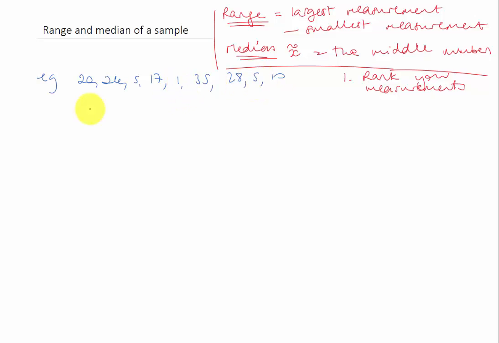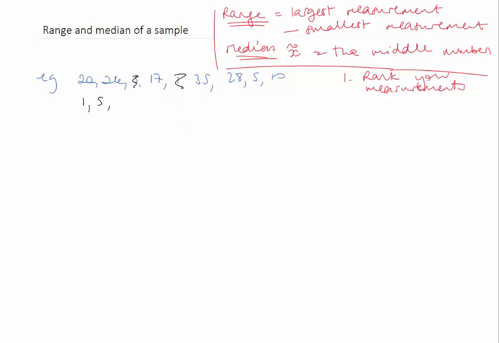So our smallest number here is 1, then 5, and then... hold on, I've copied this down slightly wrong from my other notes.